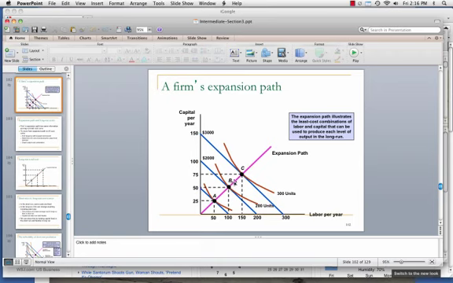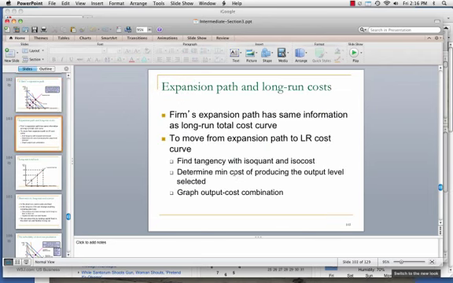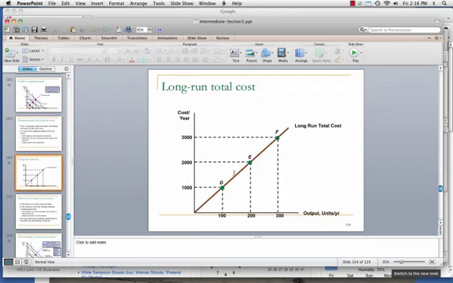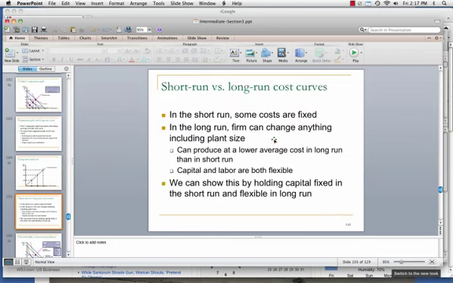Basically combining all of the lowest isocosts for all of the different isoquants. And that expansion path has the exact same information as the long run total cost curve. That long run total cost curve starts at 0, because you could completely shut down, and then simply follows the exact same expansion path.